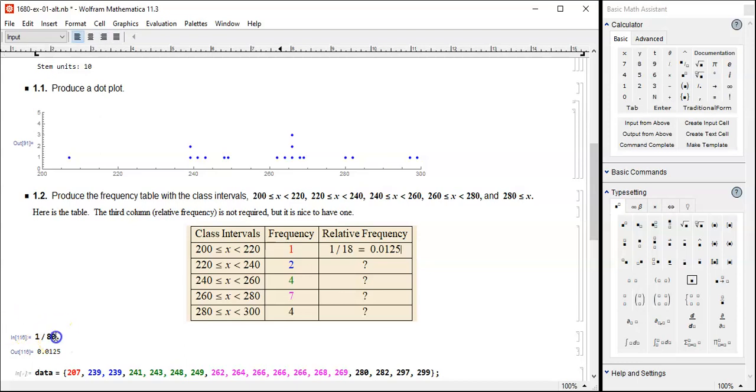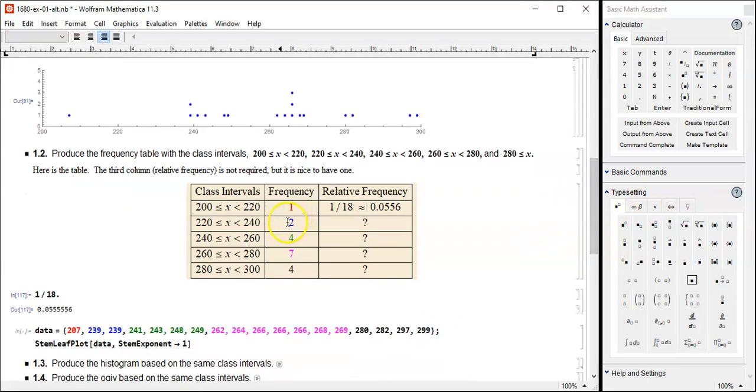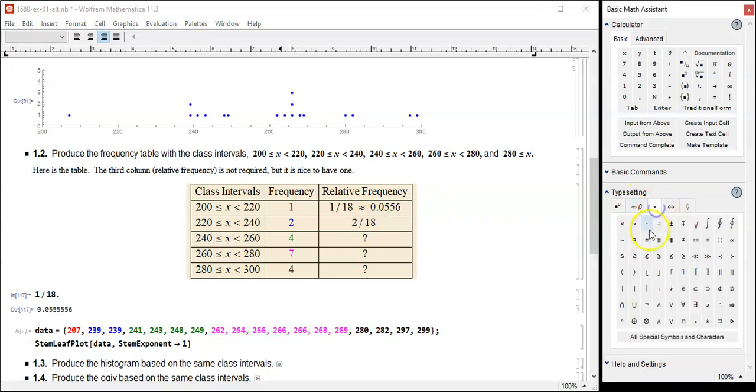Oh, excuse me, mistyped it. Okay, 0.055 something. And then this is no longer equality, it's approximation now. So this kind of thing is relative frequency. Shall I do it again for the next one? 2 out of 18, approximately equal to, and run your calculator. 2 out of 18, what is it? 0.111 something.